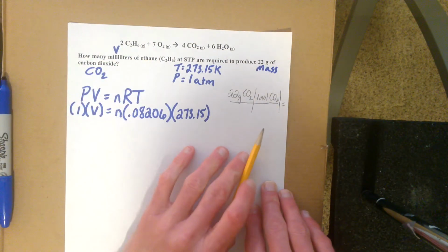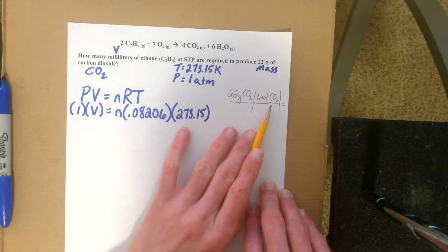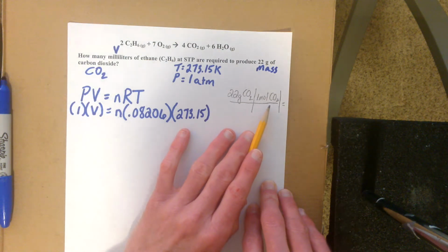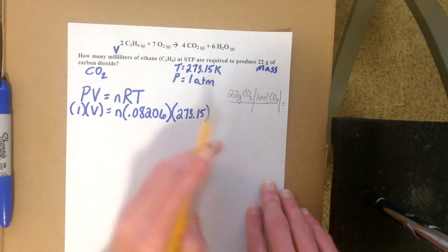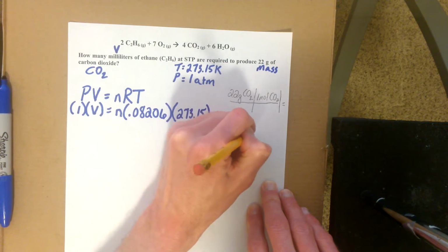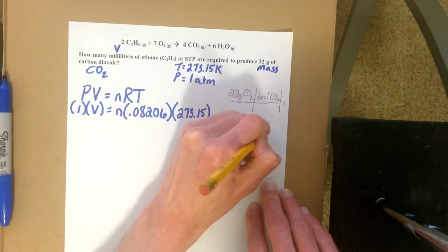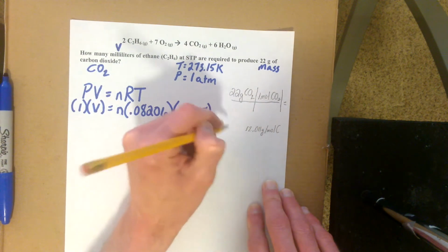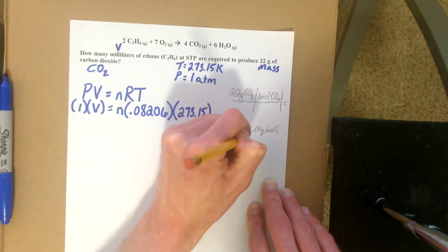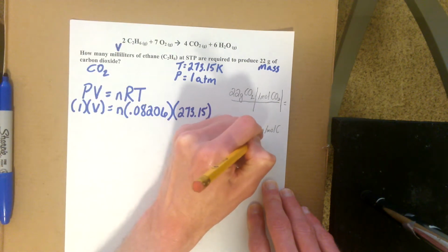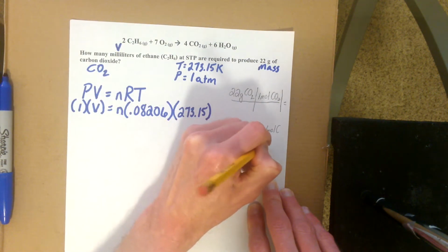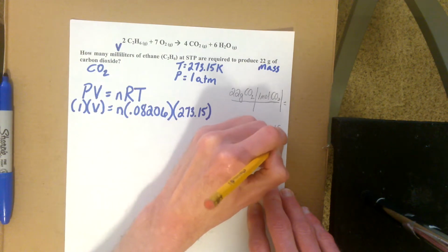And remember, we get molar masses by looking at the periodic table. We get the mass number of carbon, which is 12.011 grams per mole of carbon. Oxygen is 15.9994 grams per mole of oxygen.